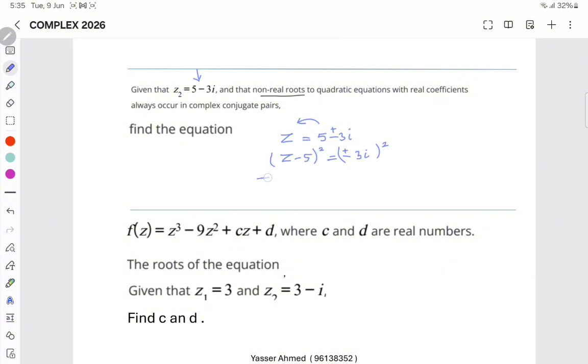Here I have a perfect square, expand it: first squared, first times second times 2, it will be 10z. Second squared, it's positive 25, is equal. On the other side, positive or negative squared, it will be positive, 3 squared, 9i squared. And as we know, i squared is negative 1, so it will be negative.